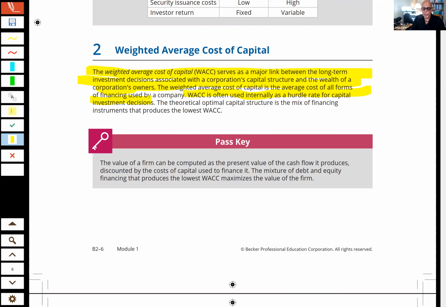Although in CPA exam questions, they'll probably give you the interest rate. They won't make you calculate a weighted average cost of capital to make you do a net present value evaluation. If we're talking about internal rate of return, they will talk about the hurdle rate associated with that. And again, the way that rate is often developed is through the weighted average cost of capital analysis along the lines of what we're going to be doing here.